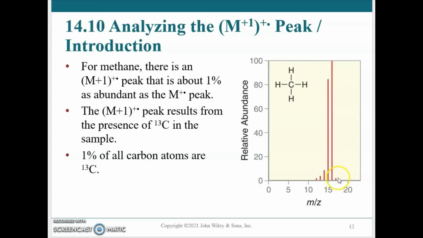And again, we see the small peak separated by one mass unit, and that's attributed to the presence of carbon-13. So you will always see a small peak one mass unit higher than the carbon-12 peak.